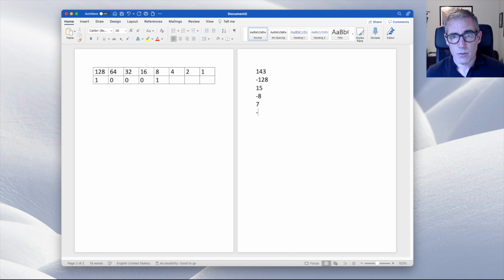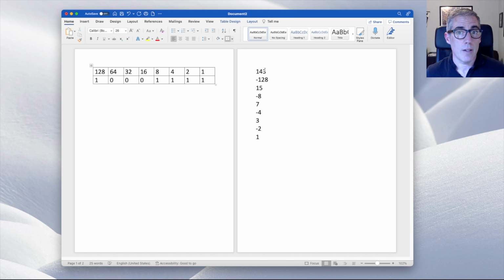Now we subtract 4 because we're going to put a 1 in the 4 position, and we get 3. Now we'll subtract 2 because we have it in the 2's position, and we have 1 left over. That means we put a 1 in there.